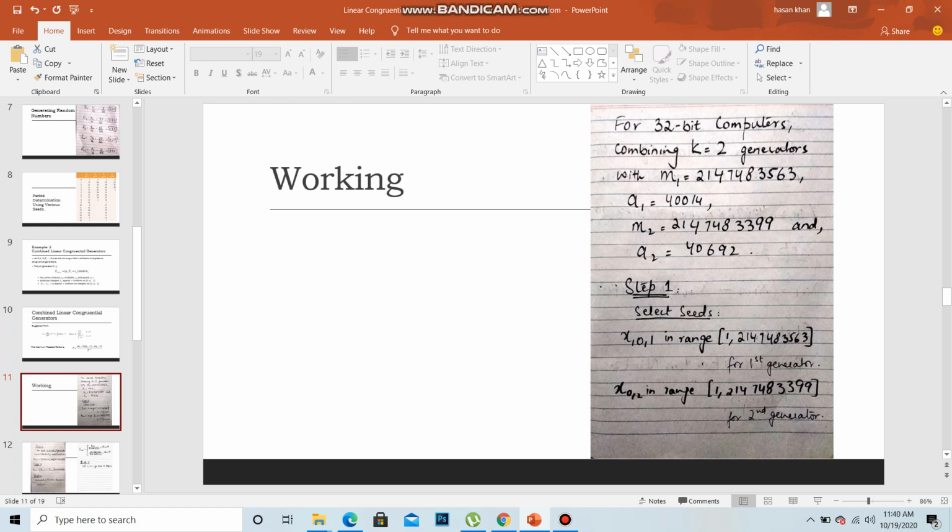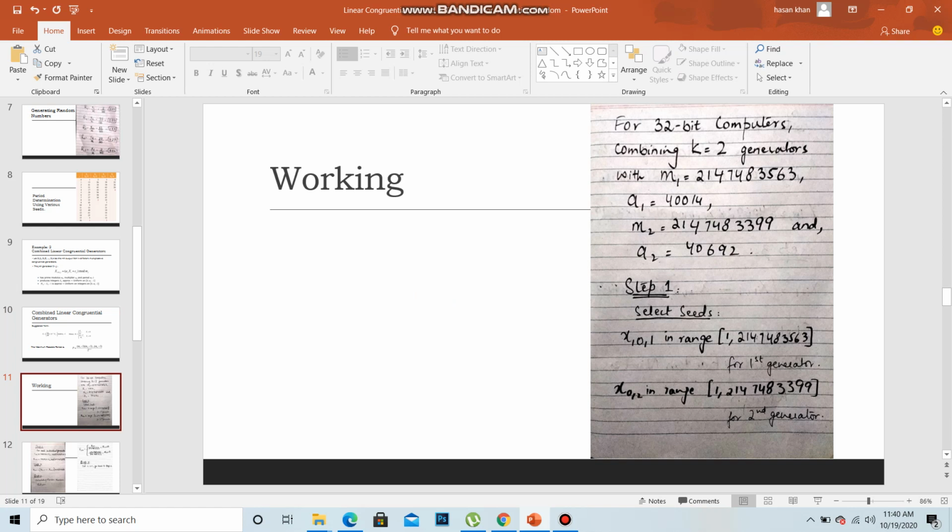So step 1, first we have to select the seeds. As I have explained before, the seed is one of the most important parameters of this congruential method. We haven't been provided with the seeds in the question, so now we have to select randomly. They have provided us the range: X0,1 is in the range 1 to 2147483562 for the first generator.